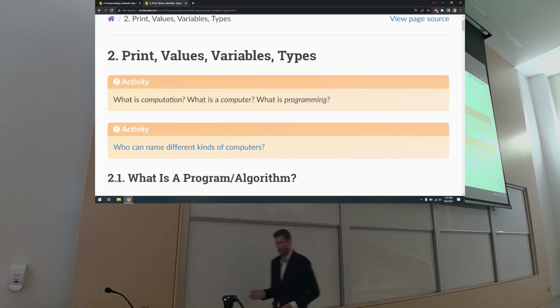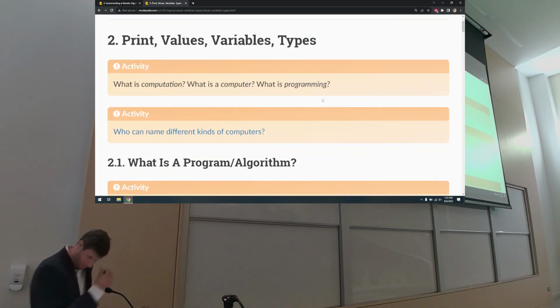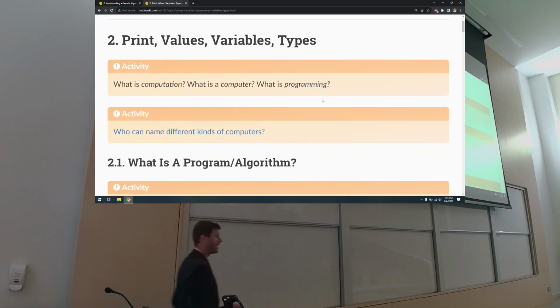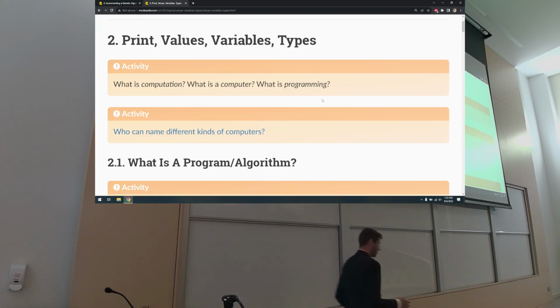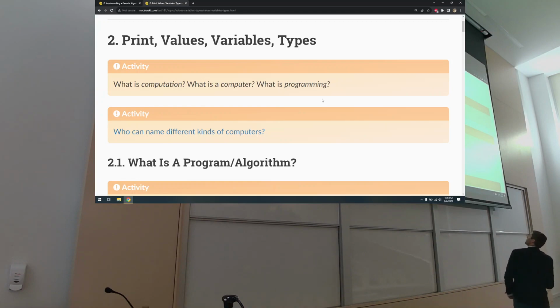So, first of all, let's take a moment. Raise your hand if you've used the word computer before. Of course. Raise your hand if you've heard the word computation, right? Programming, you've heard the word programming.